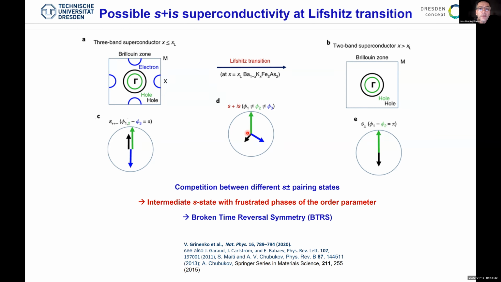And then basically, at the same time, one of these Fermi surfaces has to turn its order parameter from up to down, and you can then have this situation where you have different phases between the superconducting order parameters, which are not 0 or 180 degrees, and this gives rise to s plus is, time reversal symmetry breaking superconductivity.